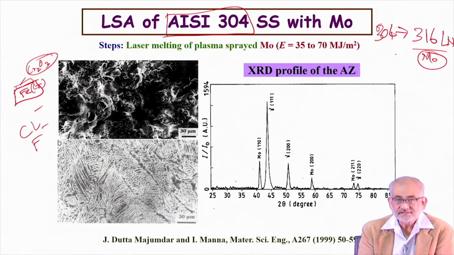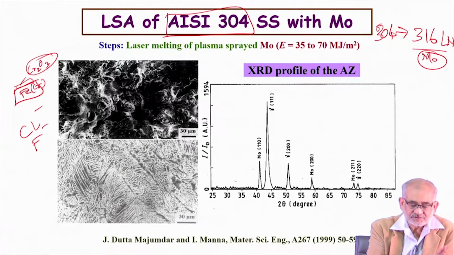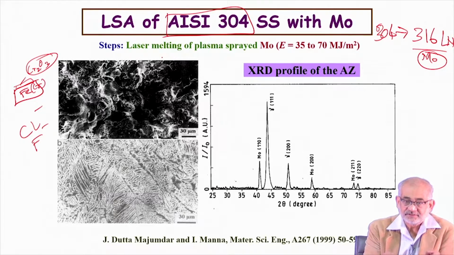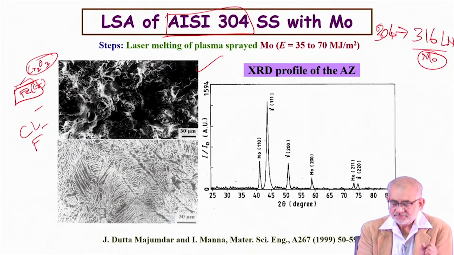Using the laser surface alloying approach, we first deposit a thin molybdenum layer by plasma spray, and then when you alloy, you create directionally solidified layers on the surface. We see very little molybdenum precipitation, but otherwise a uniform austenitic microstructure on the surface which is highly alloyed with molybdenum.